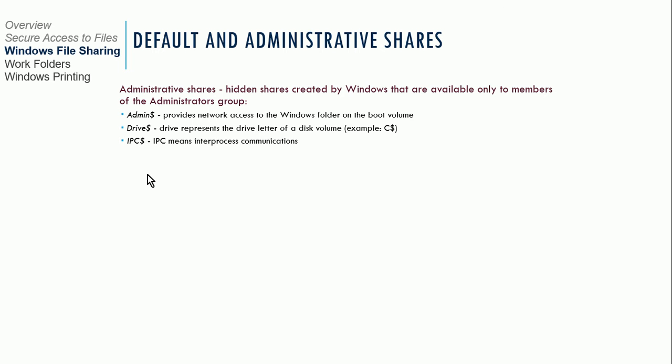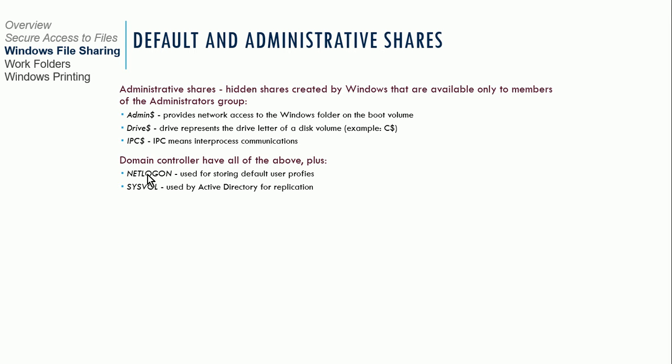And then IPC$ is inter-process communications, and that's used for communication over the network with Windows components, essentially. So the domain controller is going to have those three, plus a few additional ones. It's going to have the netlogon share, which is used for storing default user profiles, and it will also have the sysvol share, which is used by Active Directory for replication.